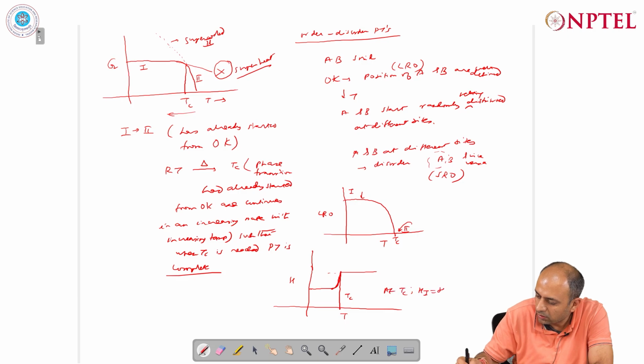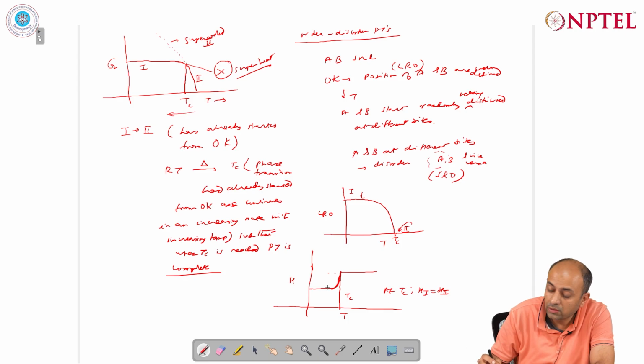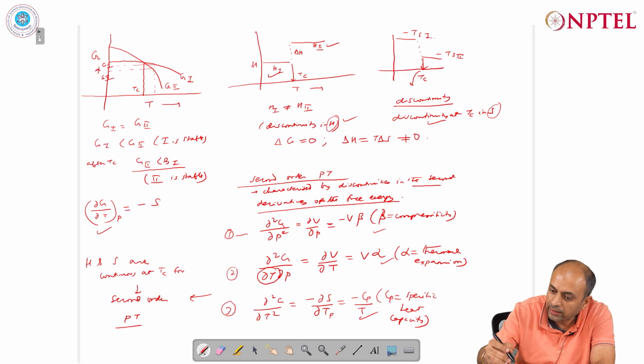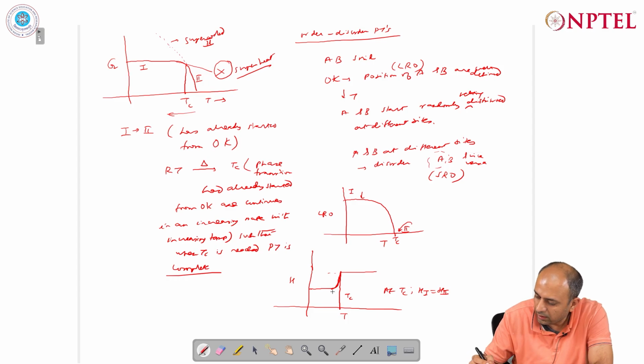At Tc, H1 is equal to H2, and this is not exactly a first order phase transition, because at first order phase transition we saw that H1 is not equal to H2, and it indicates that very close to the transition temperature Tc, there is a substantial anomalous increase in enthalpy.